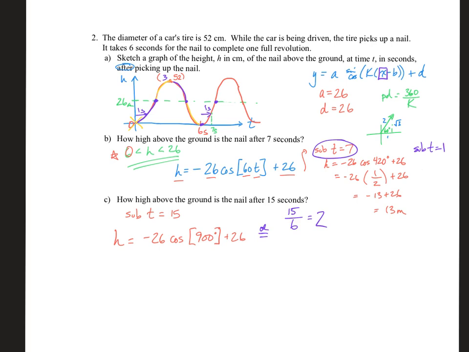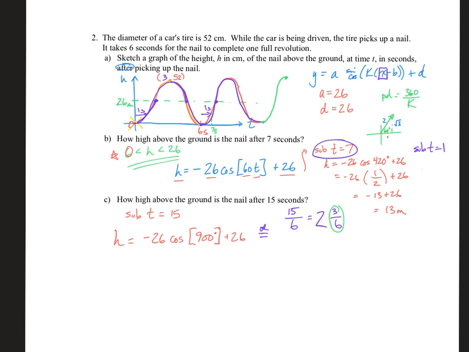What that's telling me is that I have 2 full rotations, and then what I would have left over is 3 out of 6. I'd like you to notice I didn't even reduce the 3 over 6 because I don't really want to reduce it. That 3 over 6 tells me that I have to go 3 seconds into the next rotation, 3 out of the 6 seconds.